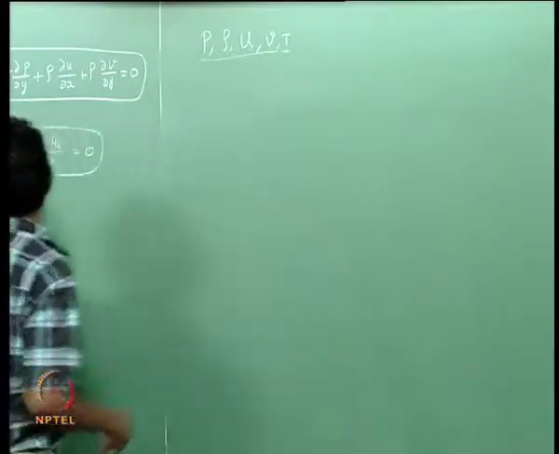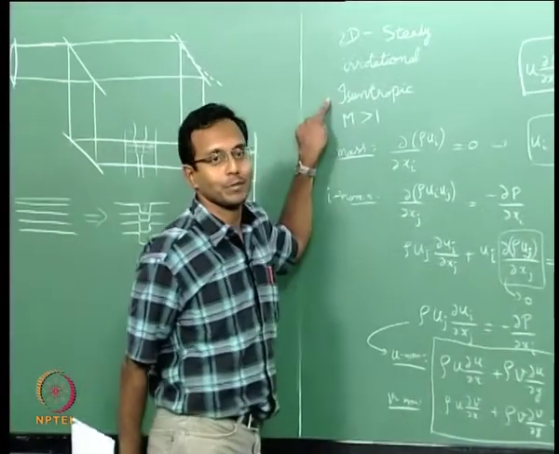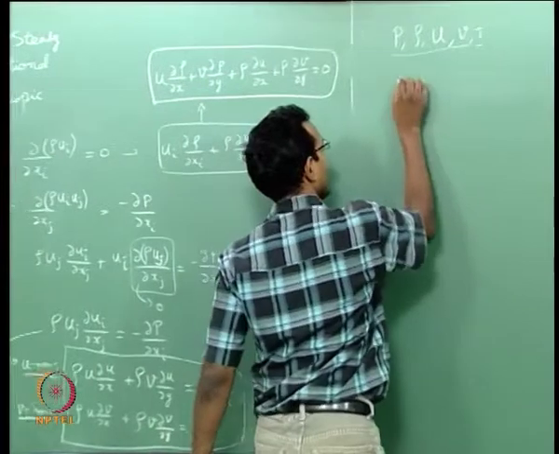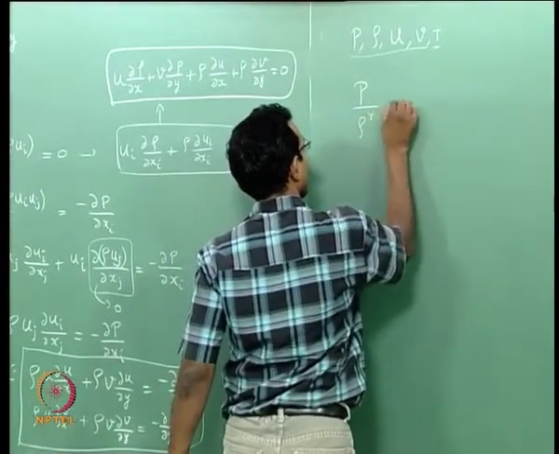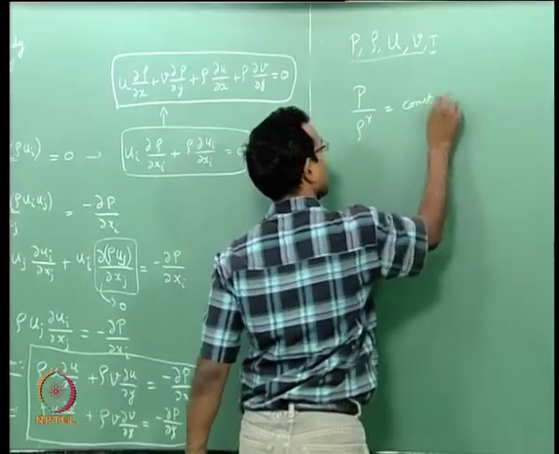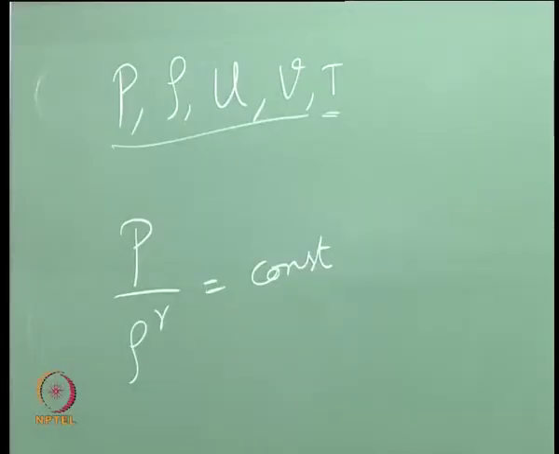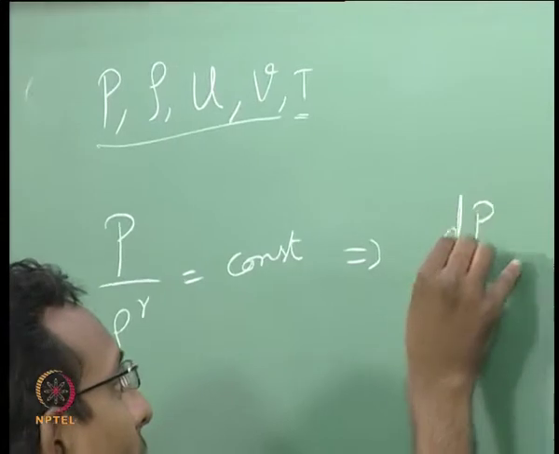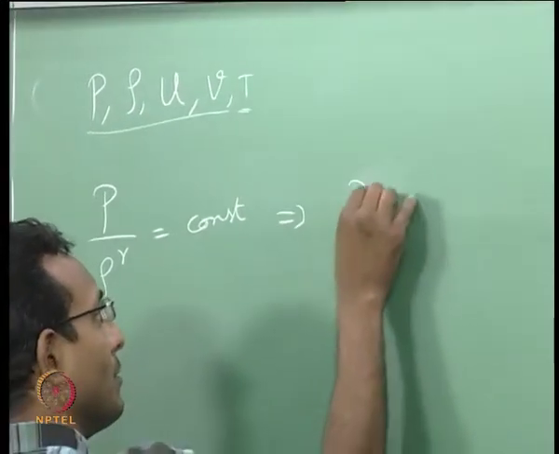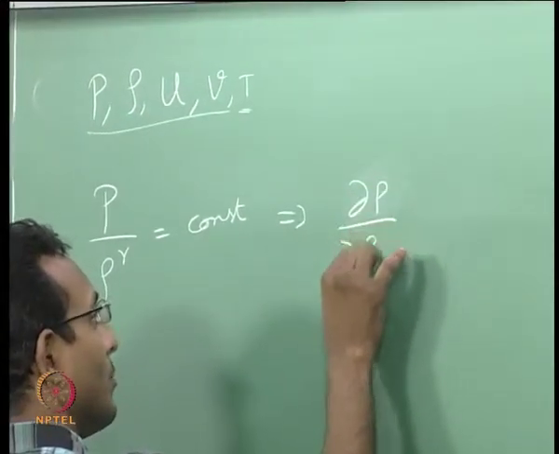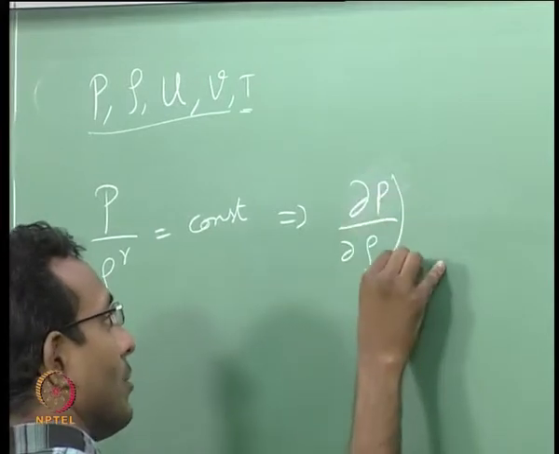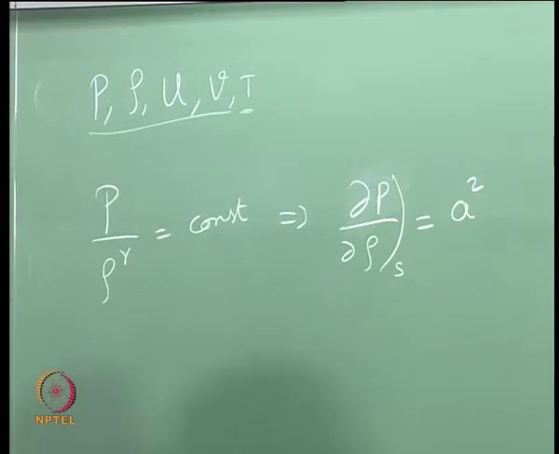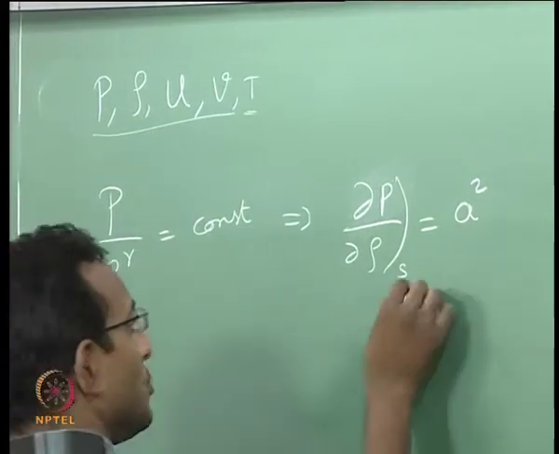We have one condition in here, isentropic. If it is isentropic, then I can say p by rho power gamma is constant. Or, another way of looking at it, this is equivalently given as ∂p/∂rho at constant entropy equal to a squared, where a is my speed of sound.